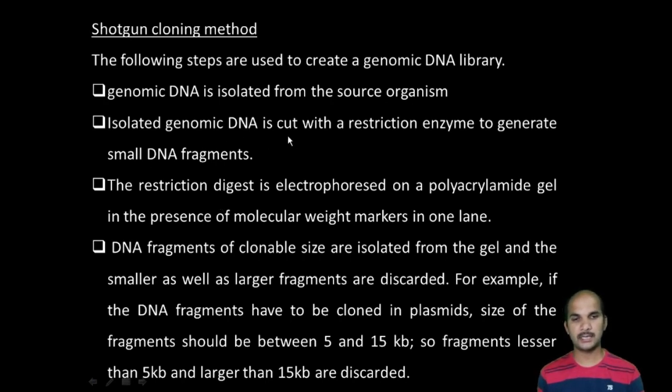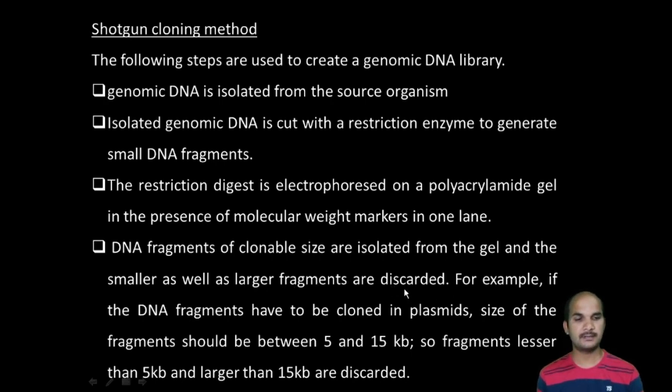Isolated genomic DNA is cut with restriction enzymes to generate small DNA fragments. The restriction digest is electrophoresed on a polyacrylamide gel with molecular weight markers in one lane. DNA fragments of clonable size are isolated from the gel, and the smaller as well as larger fragments are discarded.